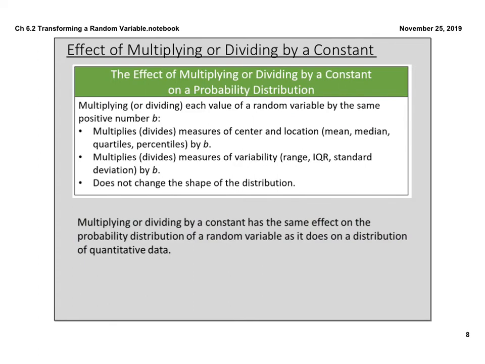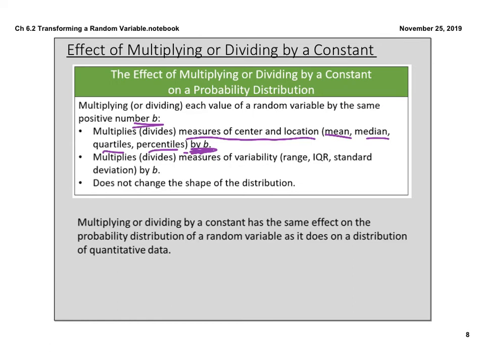All right, so now we're going to talk about multiplying and dividing by a constant in a probability distribution. And the good news here is that it's kind of the same as what we did in chapter 2 as well. So when we're multiplying or dividing each value of a random variable by the same positive number b, we want to multiply our measures of center, meaning the mean, median, quartiles, percentiles. We're going to multiply that by b.